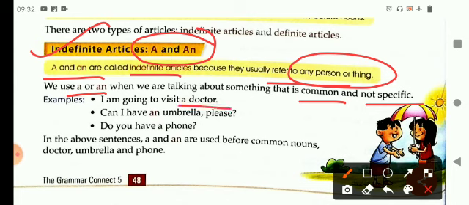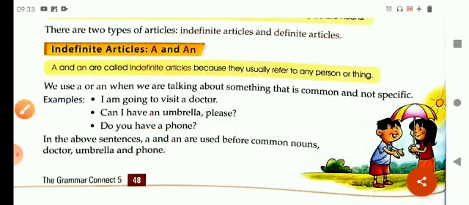It's a common noun. Can I have an umbrella, please? Again, common noun, umbrella, not talking about any specific umbrella. Do you have a phone? Again, these are common nouns. Now children, in the above sentences, a and an are used before common nouns: doctor, umbrella, and phone.